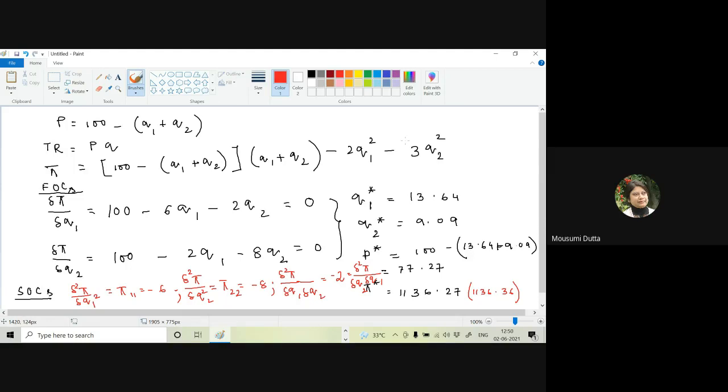So you will be able to write the Hessian, the principal minors of the Hessian determinant. Now, the Hessian is coming positive 44 and pi 11 is minus 6. So it's negative definite, which is maximum.